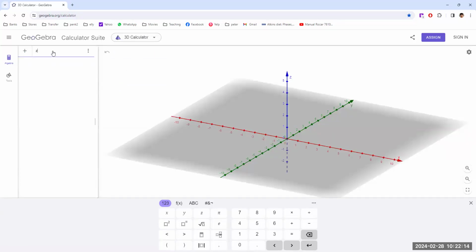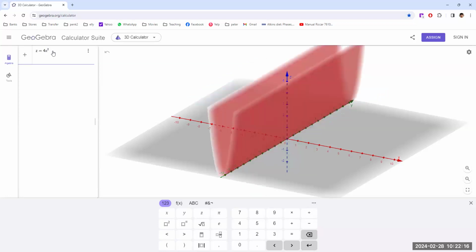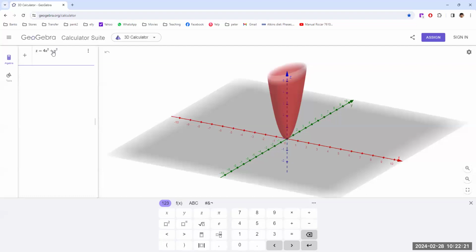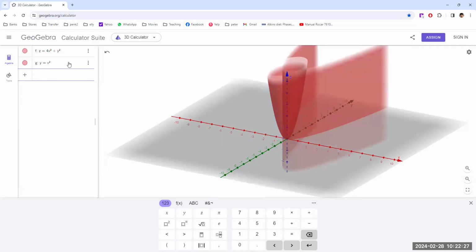So z equals 4x squared plus y squared, and then y equals x squared. Let me change the color for one of them.